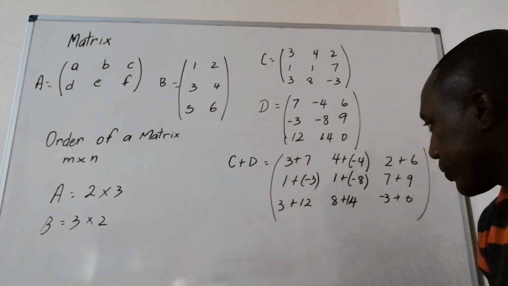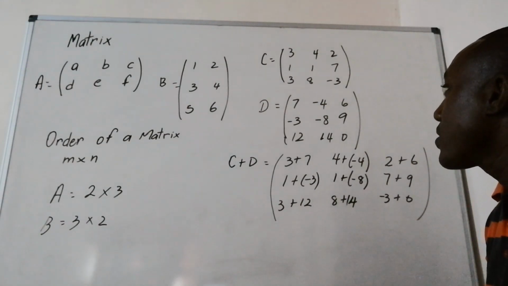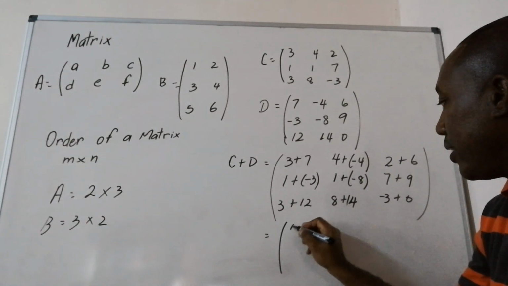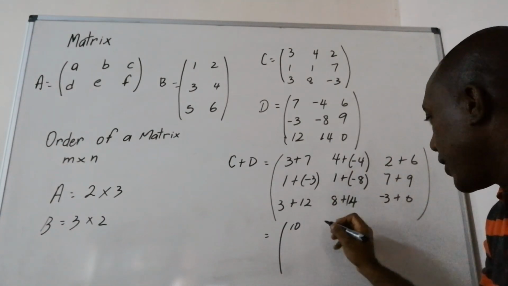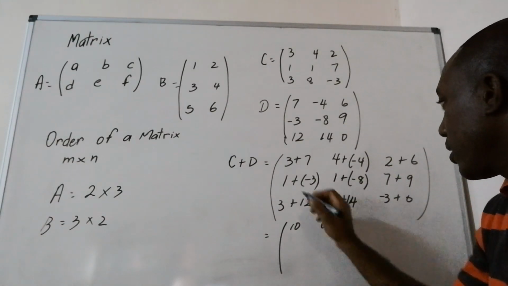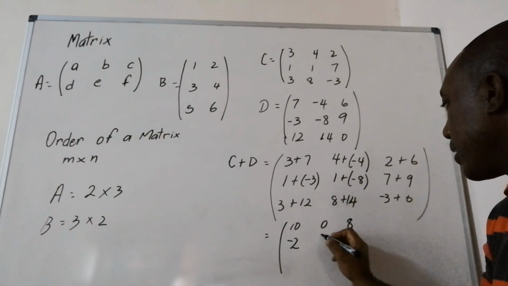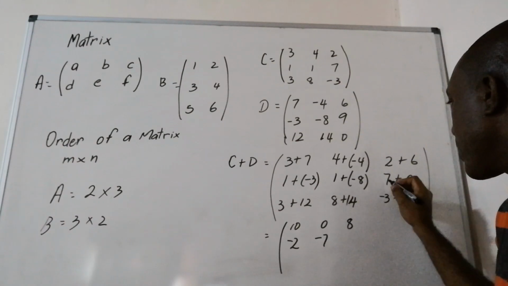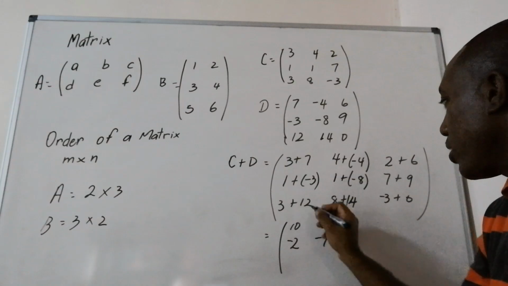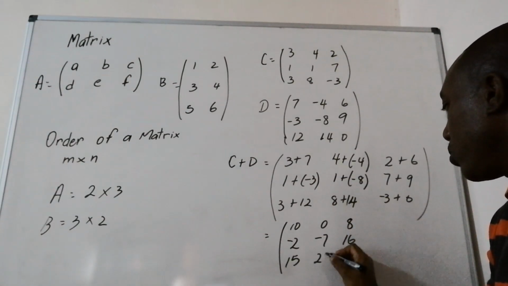It's simple. All we do is add the numbers in the same position. So our answer will be 10. 4 plus negative 4 will give us 0. 2 plus 6 will give us 8. 3 plus negative 3 will give us minus 2. 1 plus negative 7 is minus 7. 6 plus 7 plus 9, 16. 3 plus 12, 15. 8 plus 14, 22.